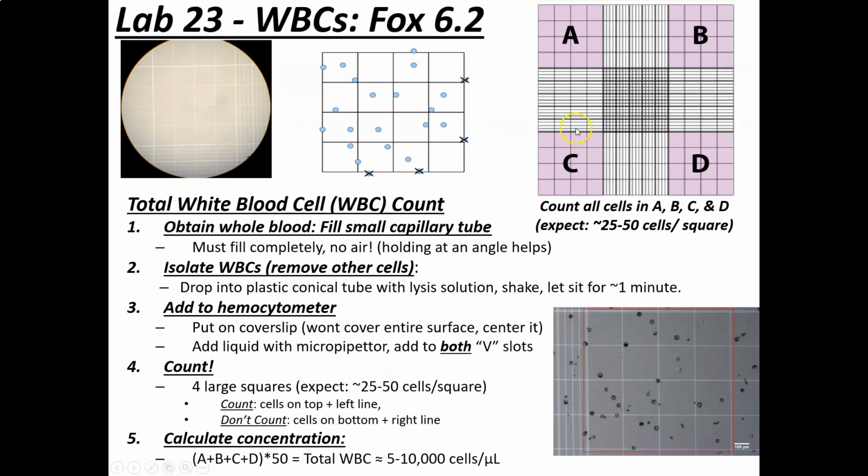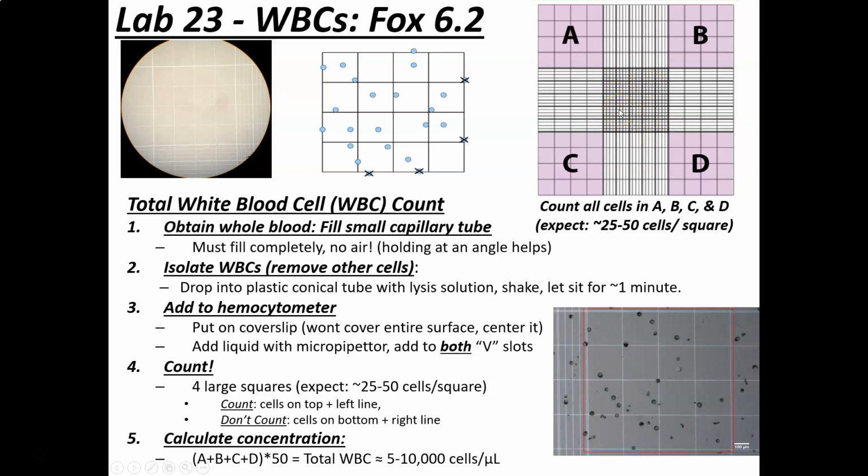When we counted the red cells, we used the inside of the hemocytometer grid and counted A, B, C, D, and E. In this case, actually that was 1, 2, 3, 4, 5 to be honest.